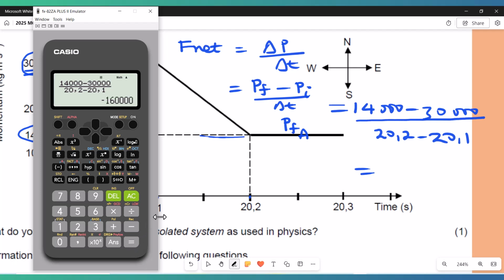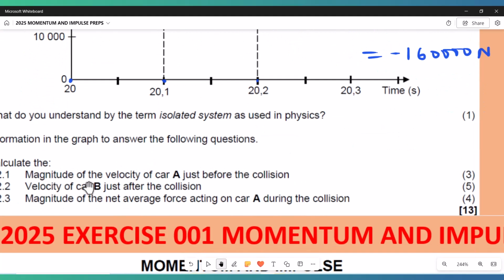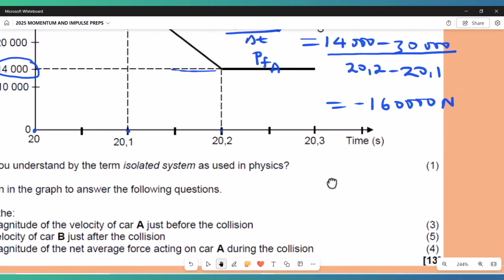It gives us negative 160,000. Now that is a net force, so it must be in newtons. Do they want magnitude or force? Let's check. They say magnitude, so in this case we just forget about the negative. Therefore, it's going to be 160,000.